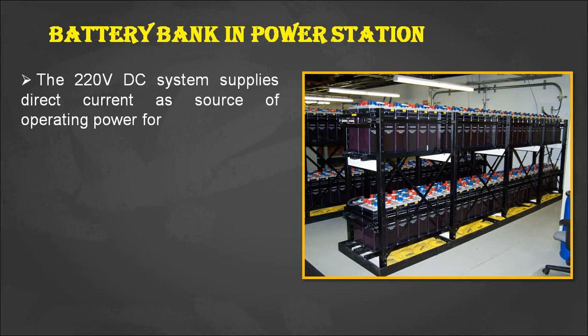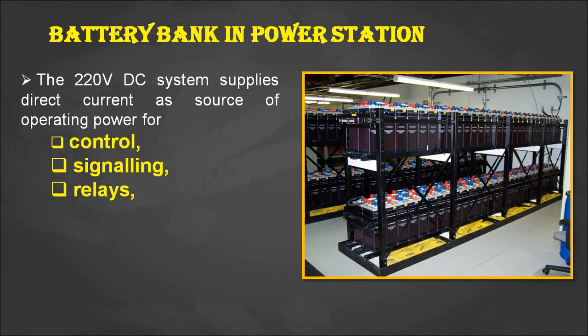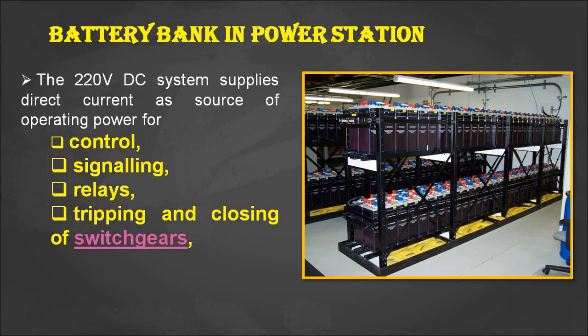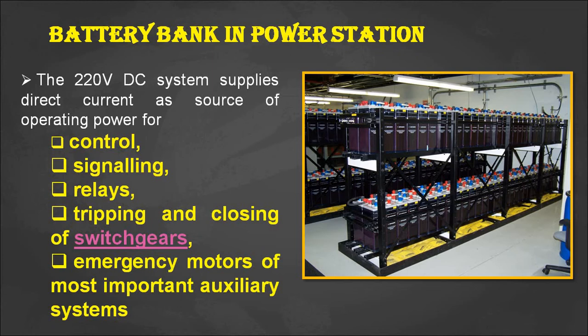This 220 volts DC system supplies an emergency supply for control applications, nothing but control circuits, signaling circuits, and relays. Relays are used for protection, and the tripping and closing of the switchgears, and for emergency motors of your most important auxiliary systems.